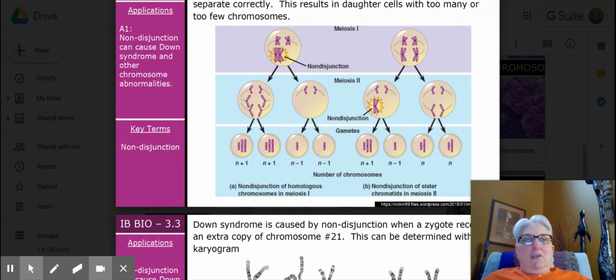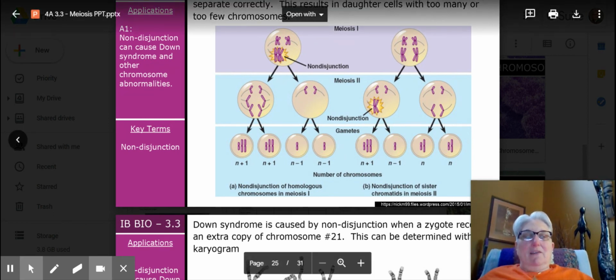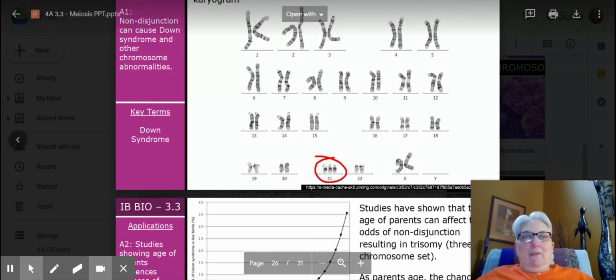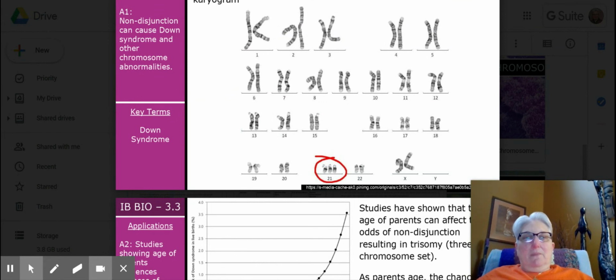One of the non-disjunctions is when we see trisomy 21, there are 3 chromosomes on that 21st pair, with Down syndrome. So that's what happens here, non-disjunction.